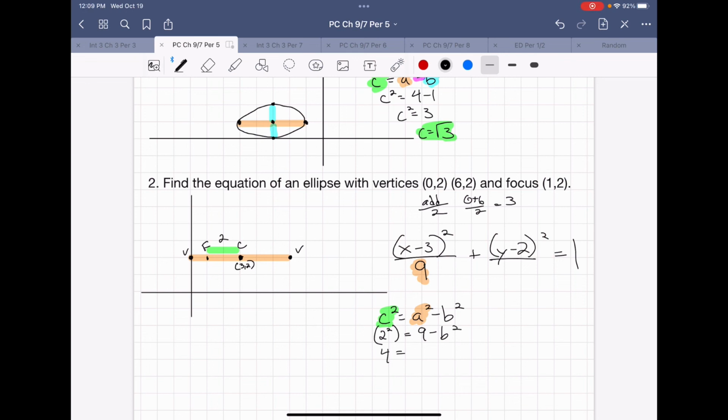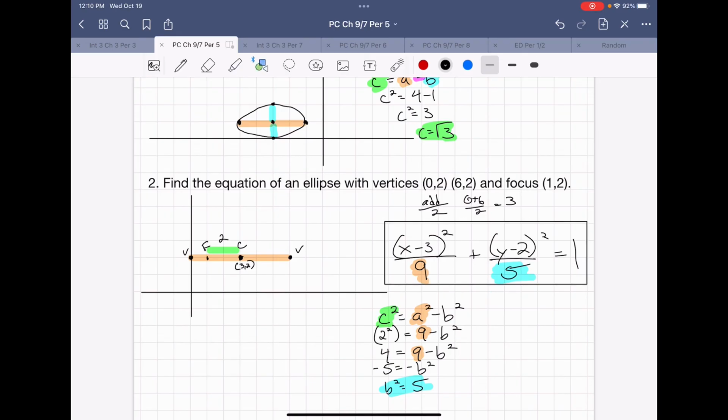So 4 equals 9 minus B squared. That came from the orange 9. Minus the 9, -5 is -b squared, so b squared must be +5. And remember, it's actually b squared that gets written under here. So this is 5, not the square root of 5. This equation would give us those vertices and foci.